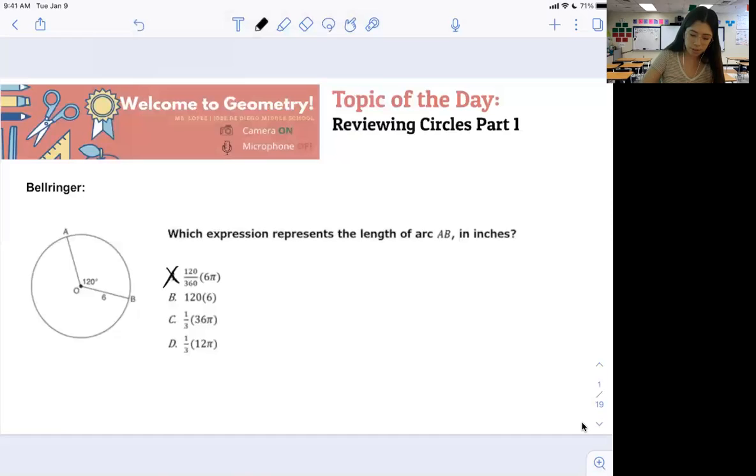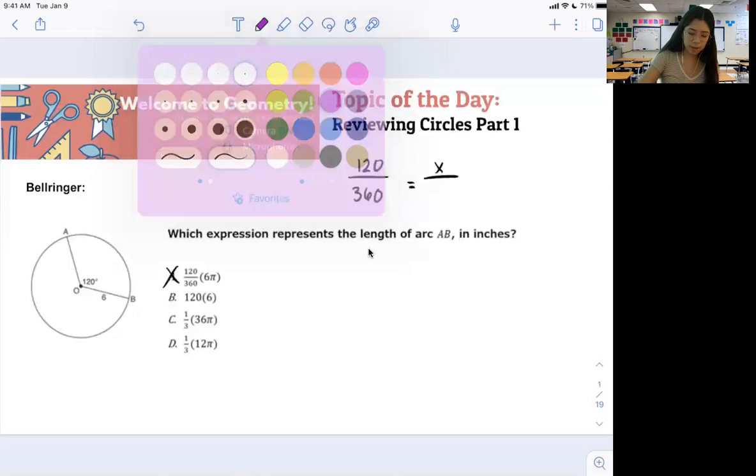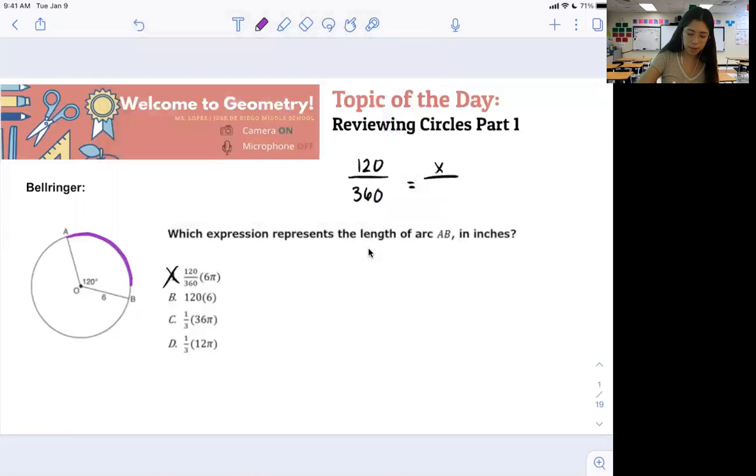So usually you would do 120 over 360 equals X over what? What goes underneath? The circumference, because we're looking for length. Length is circumference. So if I want to know the length of AB, I want to know how much is that out of the total.